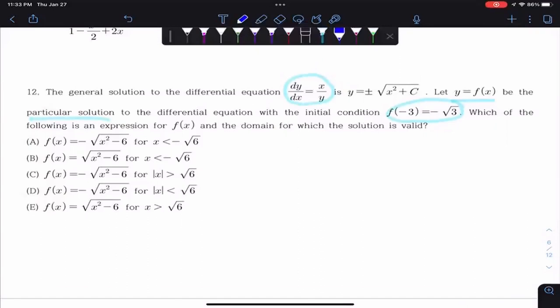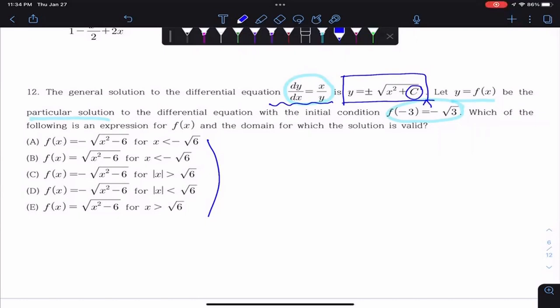Okay, this is a differential equation, and in this problem, the result is y equals plus or minus the square root of x squared plus c. To find the answer, first we should find this constant c by plugging in this initial point.